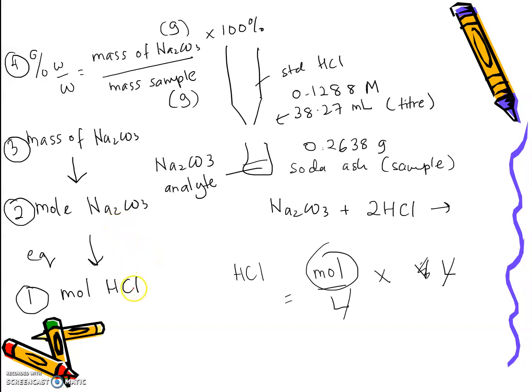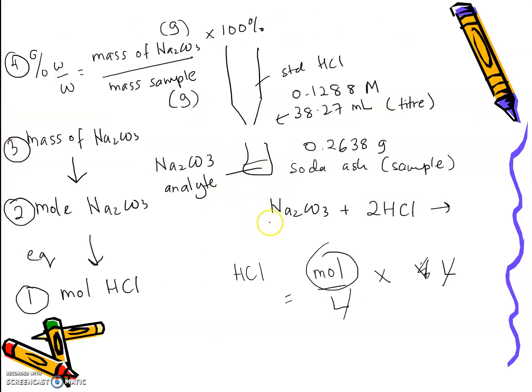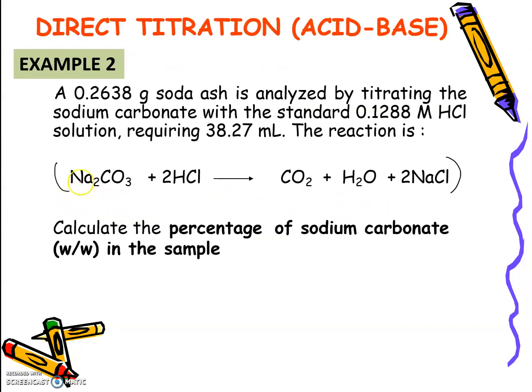Next, after finding mole HCl, find mole of sodium carbonate. Okay, number 2, to find mole sodium carbonate, compare the equation. Okay. So from mole of HCl, 4.929 exponent -3 mole HCl times 1 mole sodium carbonate over 2 mole HCl. This is from the equation.